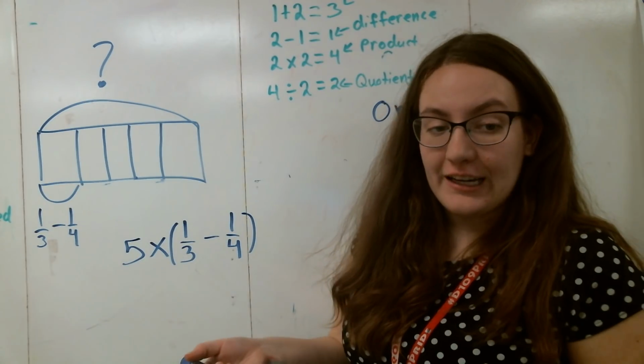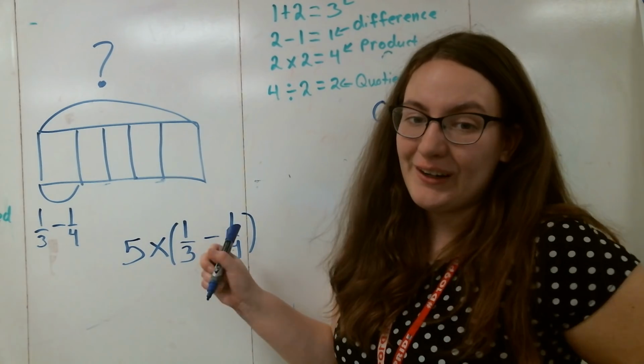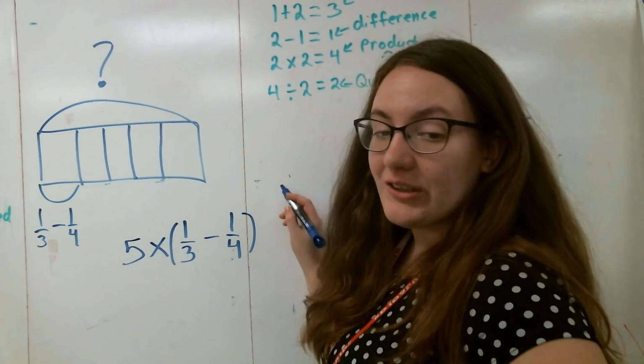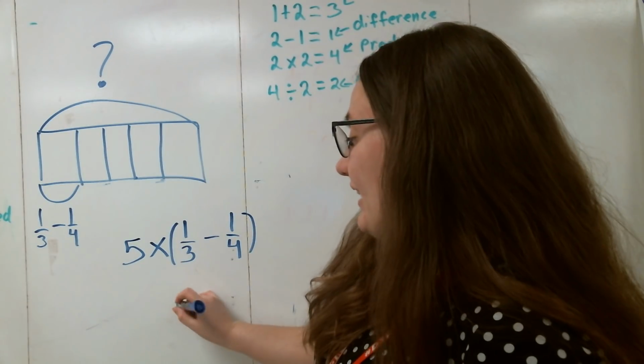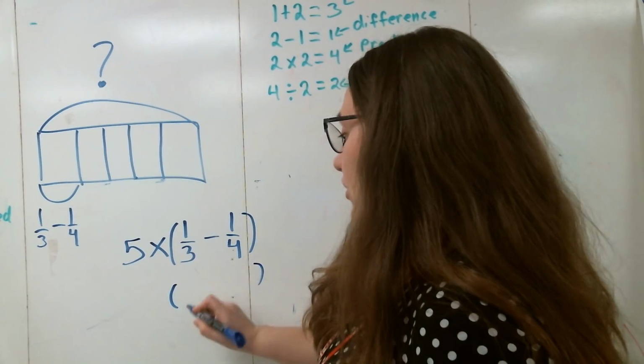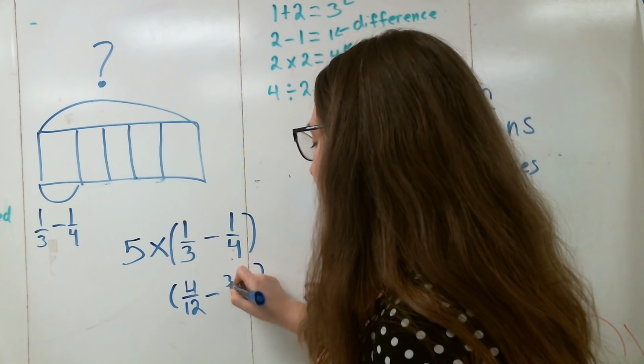Now my first step is I am going to have to figure out what is a third minus a fourth. So going back to module 3, I'm going to have to do some multiplication. And for that, I'm going to have 4/12 minus 3/12.